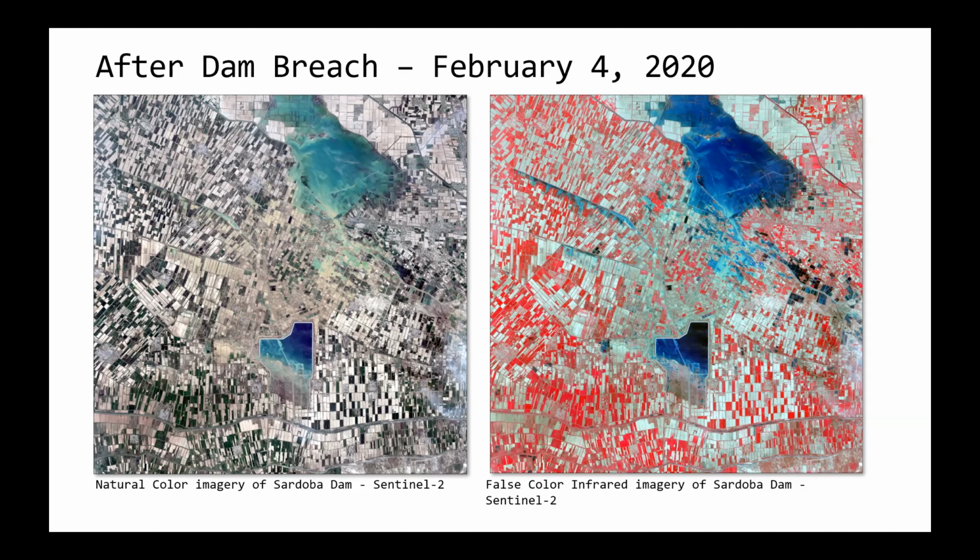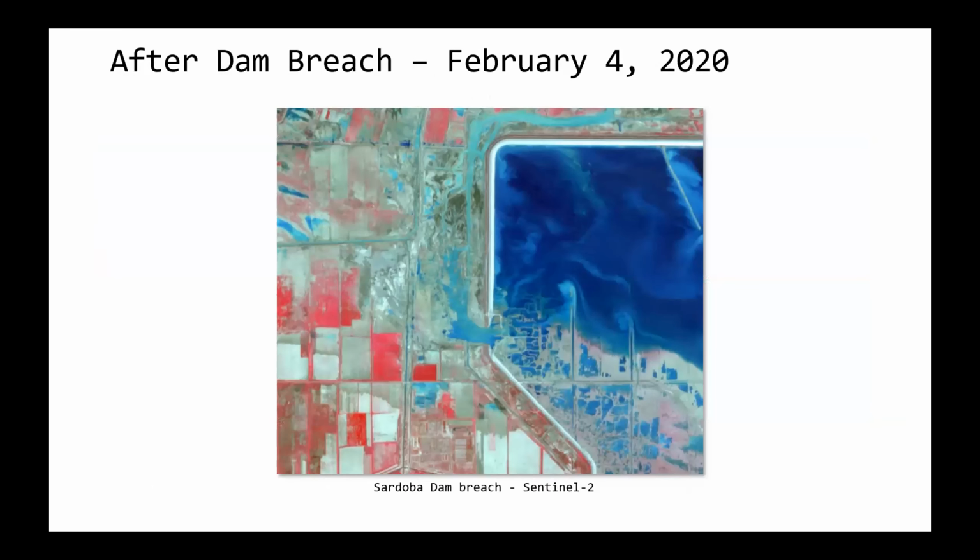There were actually some towns and villages which were completely submerged by the flooding. It was a pretty intense and sad event. This is a more zoomed in view of the actual breach of the reservoir wall, and you can see how it breached and flowed out.